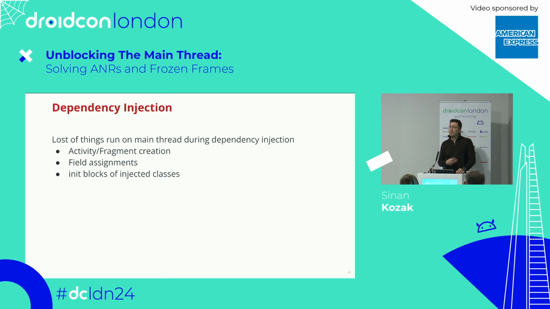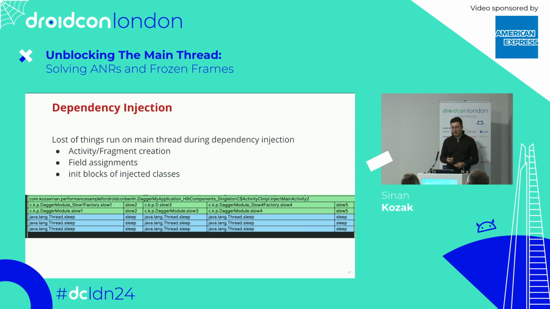We found I/O operations while creating files, to get the latest value from shared preferences for example, and expensive calculations and I/O operations in the init blocks of the classes. While you're injecting, your main thread needs to create those classes on your behalf, and if you inject those instances, there will be slowness.